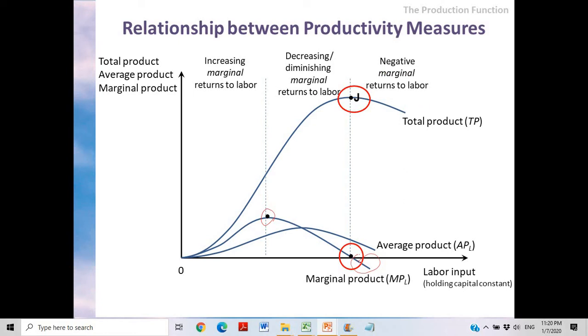It becomes negative when the marginal product is equal to 0, and when marginal product is equal to 0, our total product is maximum. This is something that you have learned in the marginal concept in chapter 1.